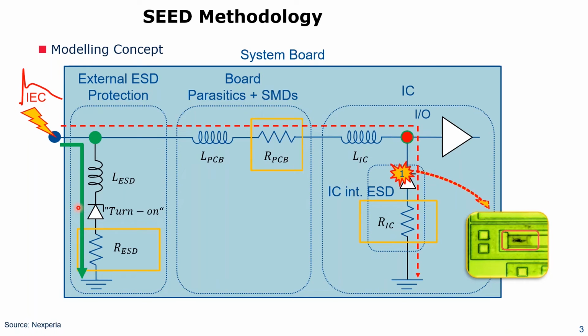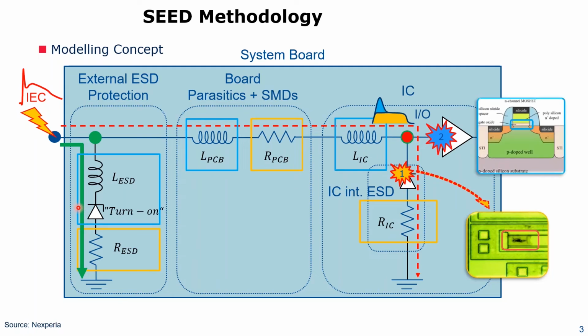It's not a good idea. So in the end, we have to protect against two things. Number one, we have to have not too much current flowing into the IC. Most of the current has to be in the TVS. And we have to make sure that even for a very small moment, like 1 nanosecond, we don't get too much voltage at the IC, which would cause gate oxide damage.